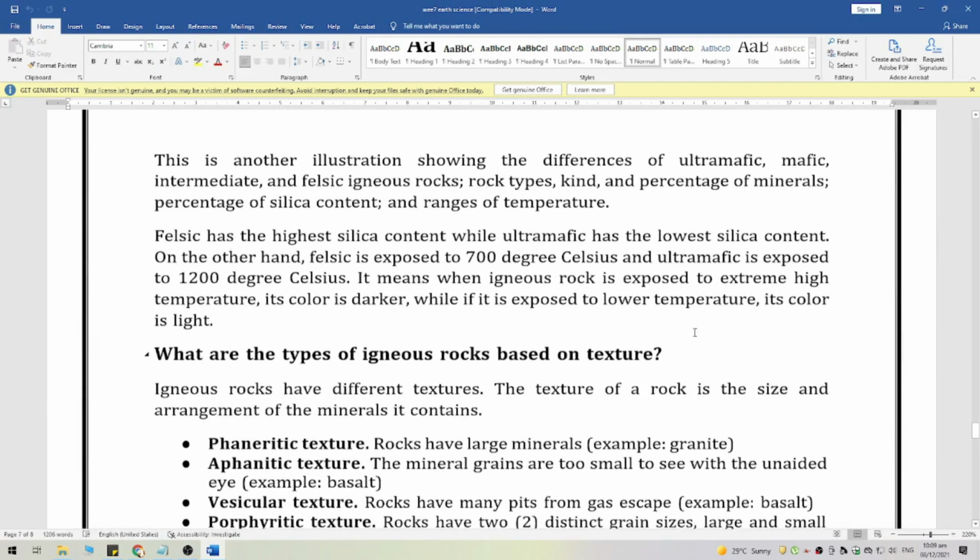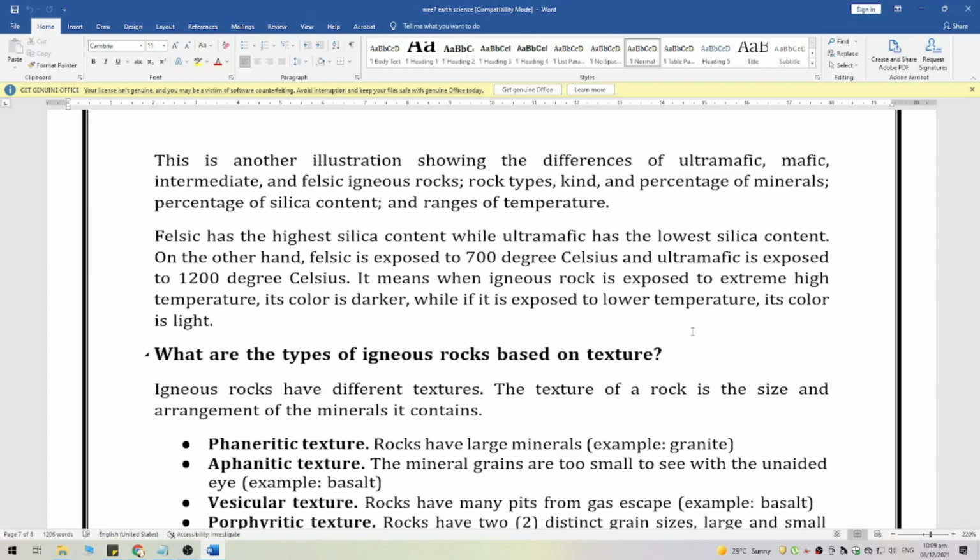Now just go through the illustration above. That is an illustration showing the differences of ultramafic, mafic, intermediate, and felsic igneous rocks in terms of rock types, kind and percentage of minerals. Felsic again has the highest silica content, while ultramafic has the lowest silica content.